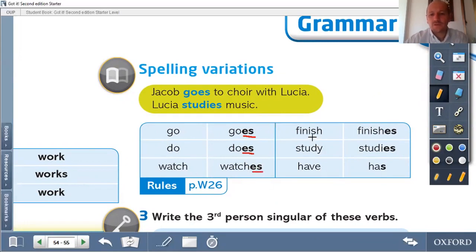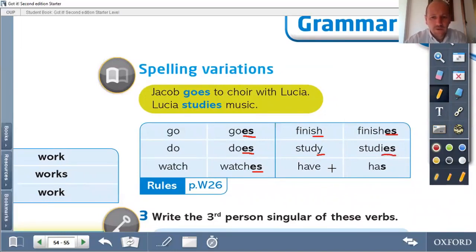Verbs that finish in SH, terminan en SH, ES. And very careful here, mucho cuidado acá, verbs that end in Y. Verbos que terminan, ¿cierto? En Y. We use IES. Very important here. Vamos a utilizar IES.